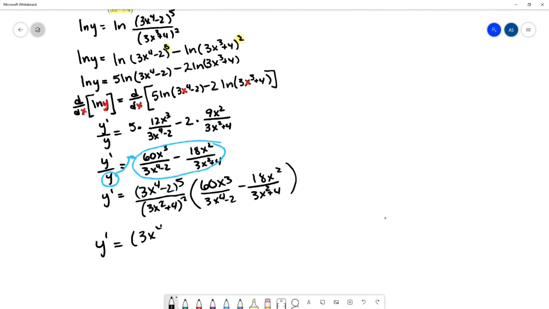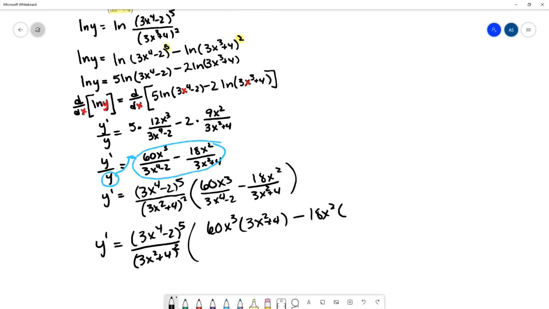So if I were to get a common denominator, that would be 60x cubed times the other denominator, (3x cubed plus 4), minus 18x squared times the other denominator, (3x to the fourth minus 2), all over our common denominator of (3x to the fourth minus 2) times (3x cubed plus 4).